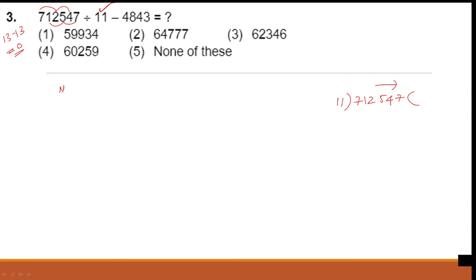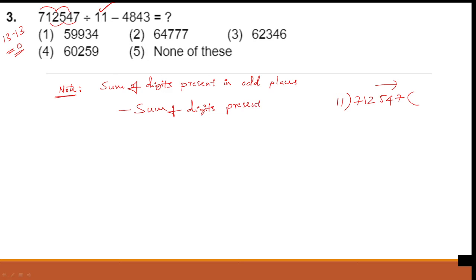I am writing here a simple note. What is the rule for 11? Difference, I'll write here: sum of the digits present in odd places minus sum of the digits present in even places.